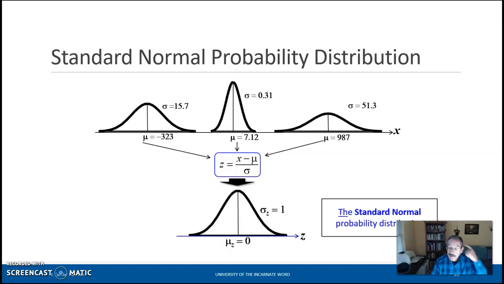So in this diagram, I'm showing what I explained before, that you can take any normal distribution and transform it by calculating the z-scores for that distribution into that standard normal probability distribution that has a mean of 0 and a standard deviation of 1. So the standard normal distribution is just another normal distribution, but this is the one that we can achieve by standardizing any normal distribution by using the z-scores.